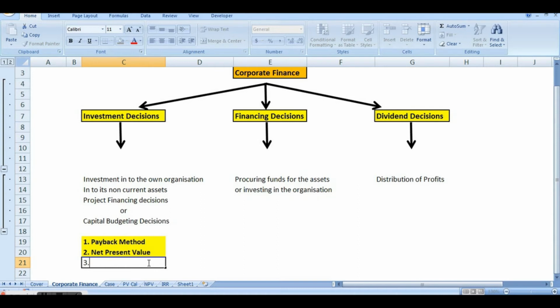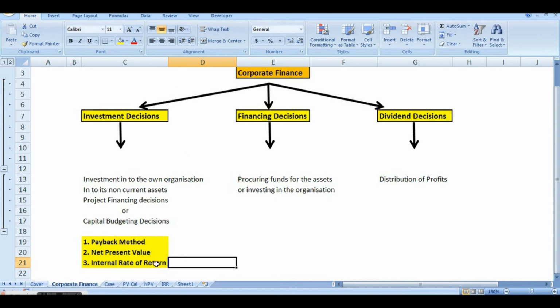The third method that we are going to study is internal rate of return. This method is an extension of, you can say, net present value. Net present value gives you the answer in absolute terms, and internal rate of return tries to give you the answer in terms of percentage. What is internal rate of return?